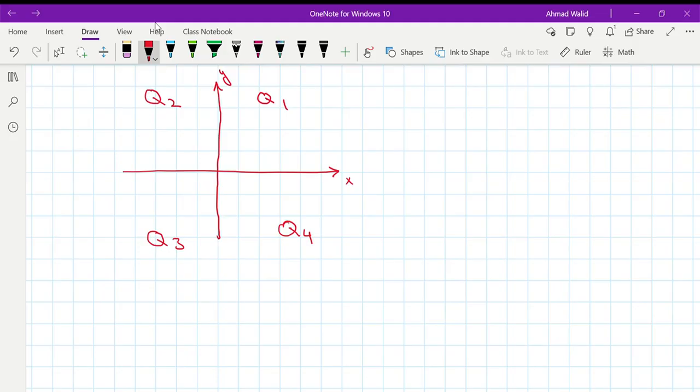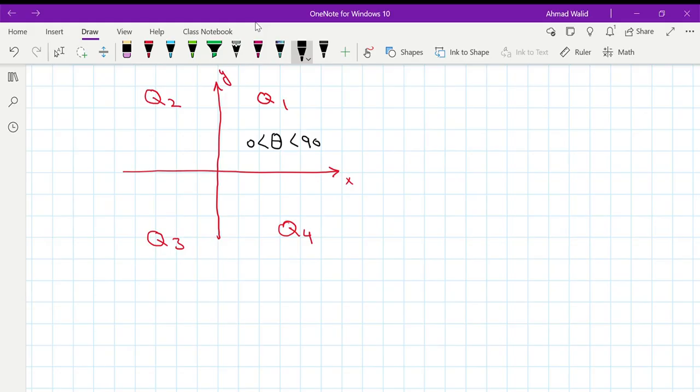Now, if you have an angle that lies in quadrant 1, it means your theta is less than 90 and greater than 0, correct? Usually acute angles lie in quadrant 1.